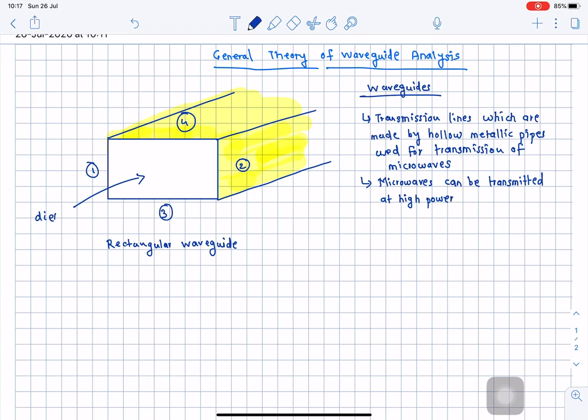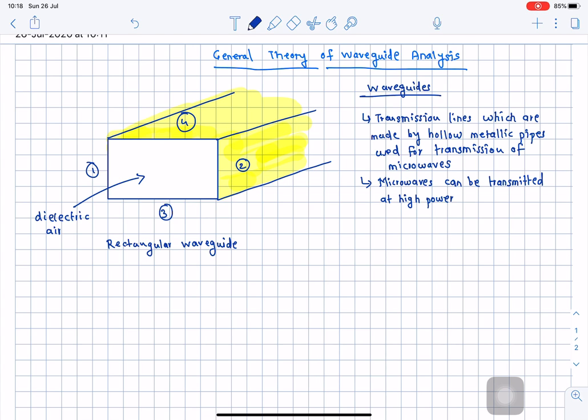So when we keep the internal part of the waveguide hollow, definitely the air will be filled automatically, and the air will act as a dielectric. Now please remember, instead of keeping the waveguide empty, that means filling it with air, you can fill the inside part of the waveguide with some other dielectric material also.